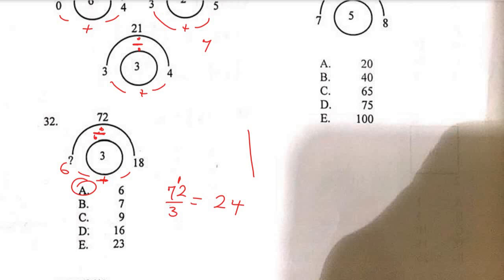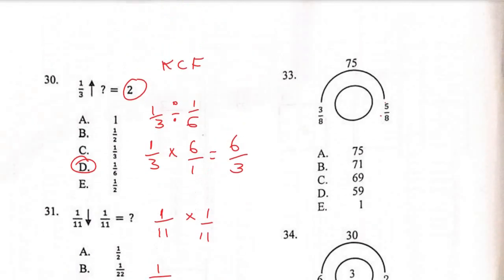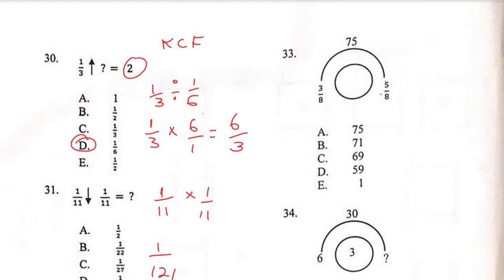Let's move over to question 33. Here, remember, the number here, if we use it to divide 75, what we get is the same as the sum of this and this.